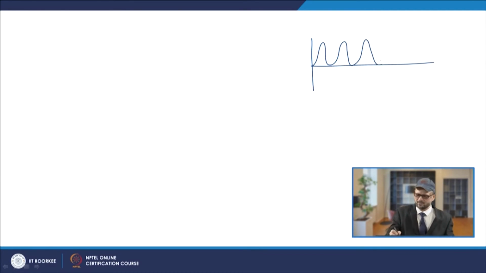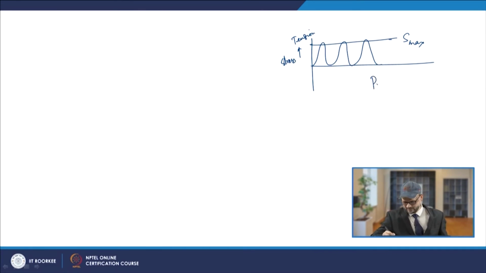So this is basically the tension, and you can take the tension on this side, and that is stress. This is your S max. This is basically the pulsating tension type of test.